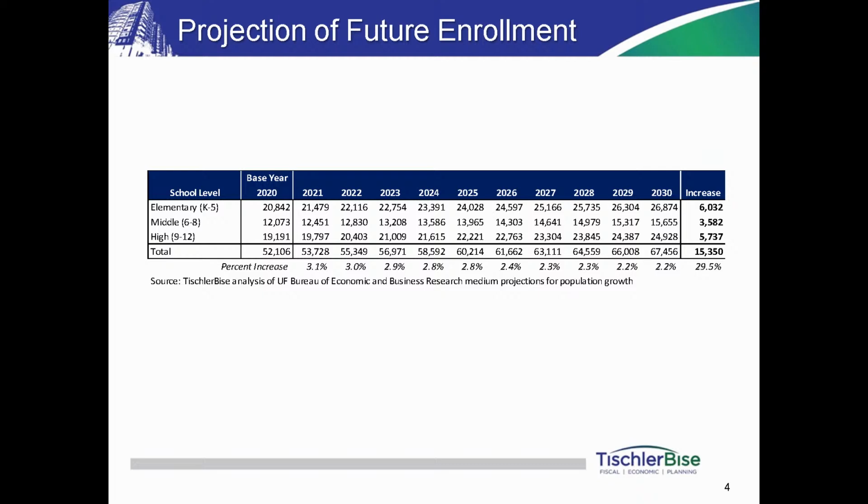We looked at those types of housing units over the next 10 years and applied those pupil generation rates to project a future enrollment over the next 10 years of slightly over 15,000 new students, which is about a 29.5% increase.